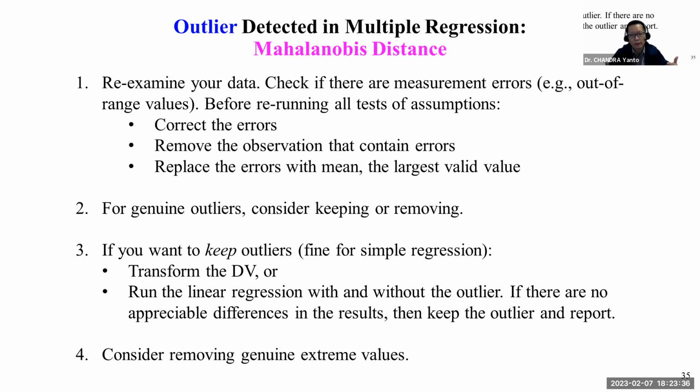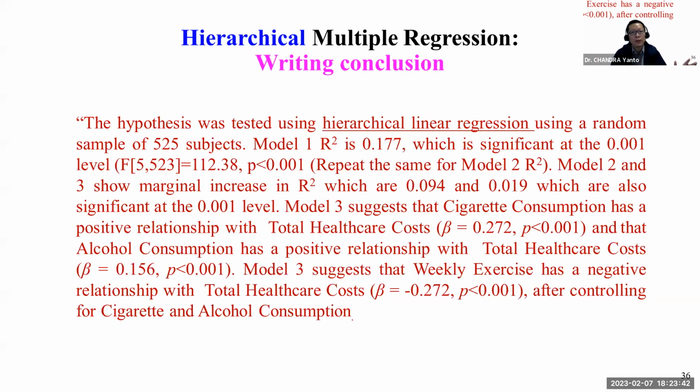Or if your extreme value outlier is too serious, too extreme, you really need to remove them. And this is how you write your hierarchical regression conclusion. In the same way as you write any type of regression, you have model R square, and you show your first model and your second model and how they change. So this is very important.